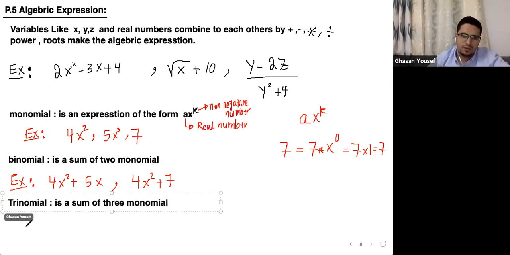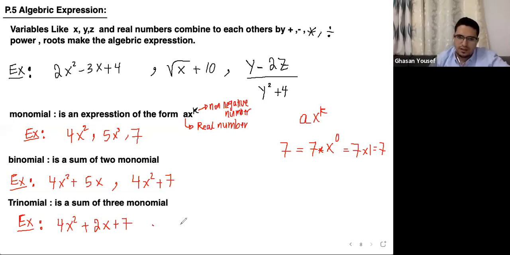The same idea as before, we're just adding three monomials. For example, 4x squared plus 2x plus 7. This is called a trinomial. Another example is 4x to the power 16 plus x to the power 2 plus x. This is also called a trinomial.